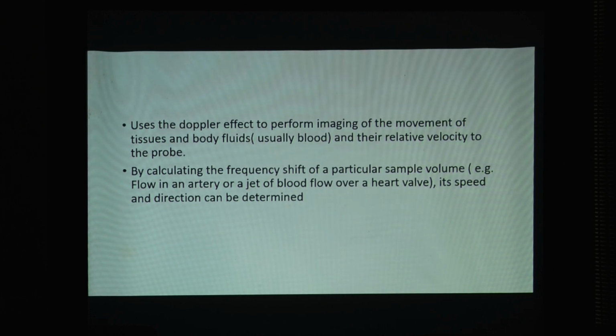The Doppler effect is performed in imaging the movement of the tissues and body fluids and their relative velocity to the probe. By calculating the frequency shift of a particular sample volume, for example flow in an artery or a jet of flow over the heart valve, its speed and direction can be determined.